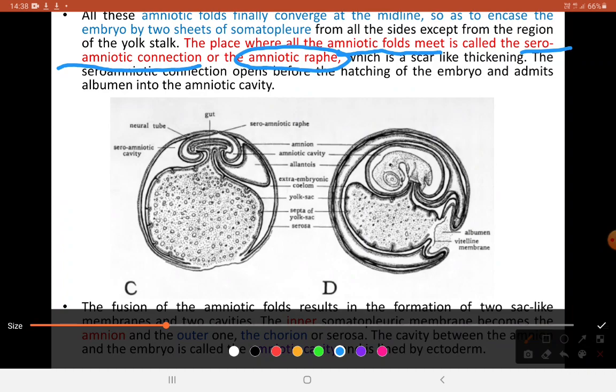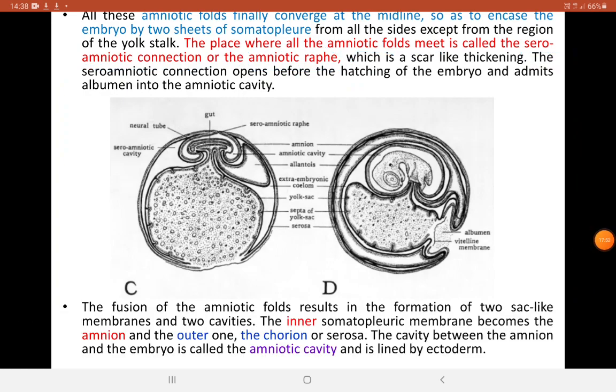Now this seroamniotic connection or the amniotic raphe opens before the hatching of the embryo and admits albumin into the amniotic cavity. Here you can see in diagram D how the albumin is entering inside this amniotic cavity. And the seroamniotic raphe can also be seen in diagram C.